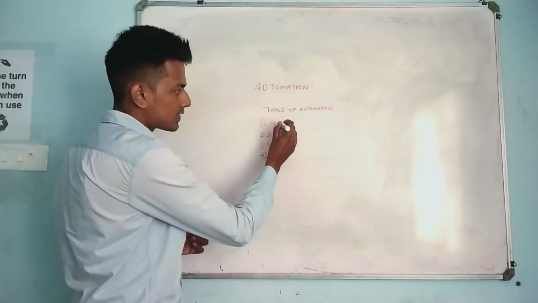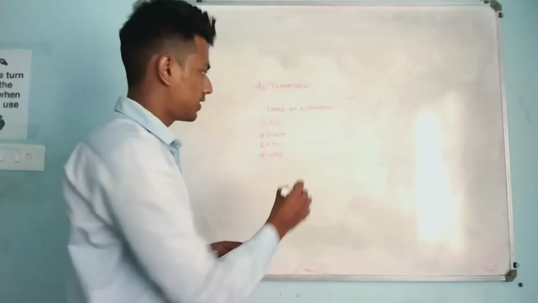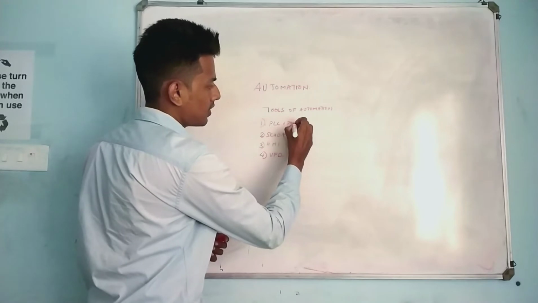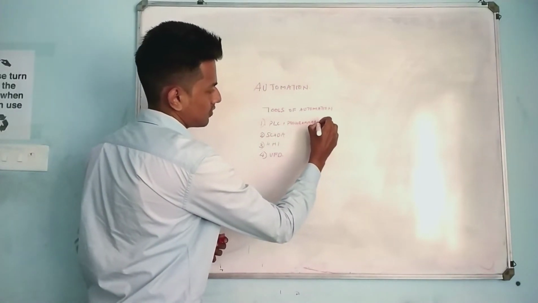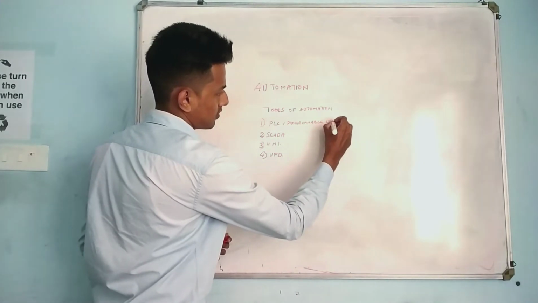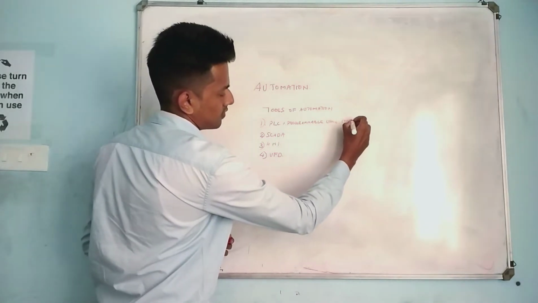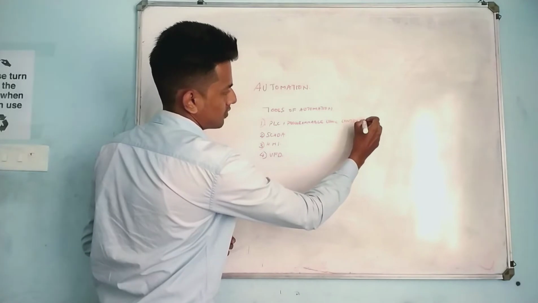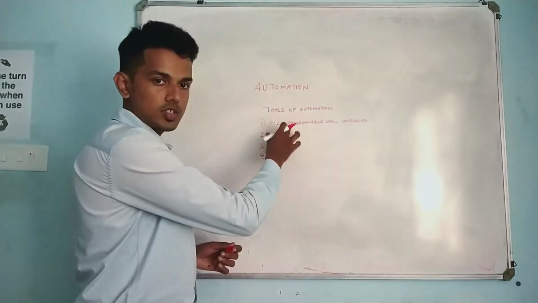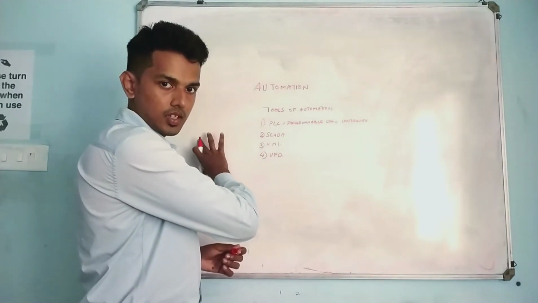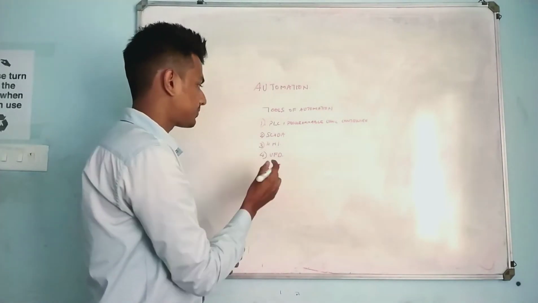Now, PLC is just a controller. It is known as programmable logic controller. It is a controller which controls a manual system and turns it into an automatic system.